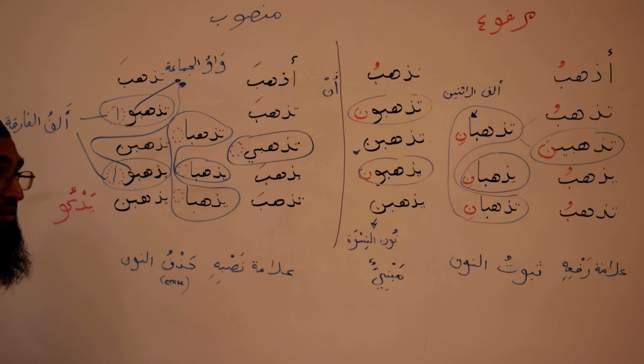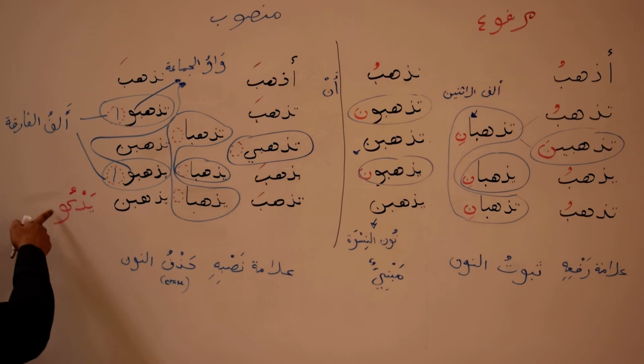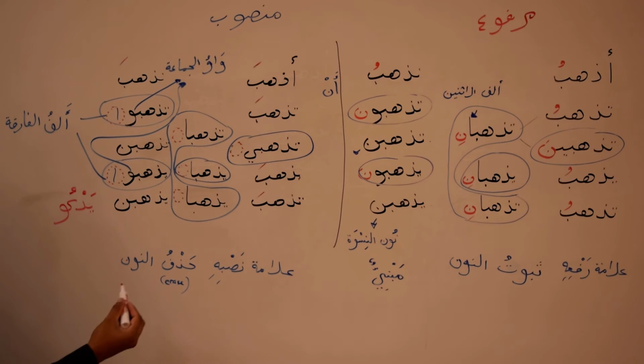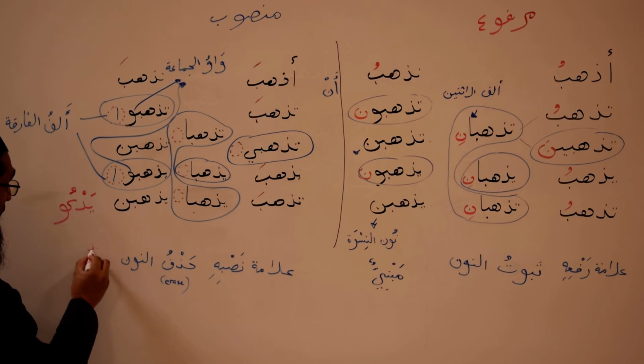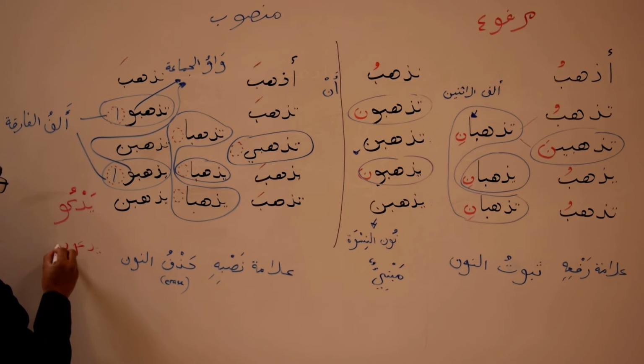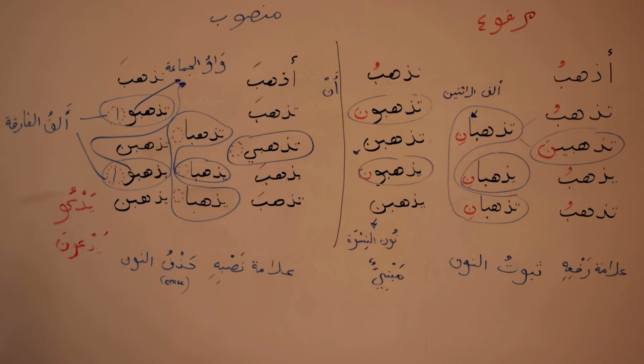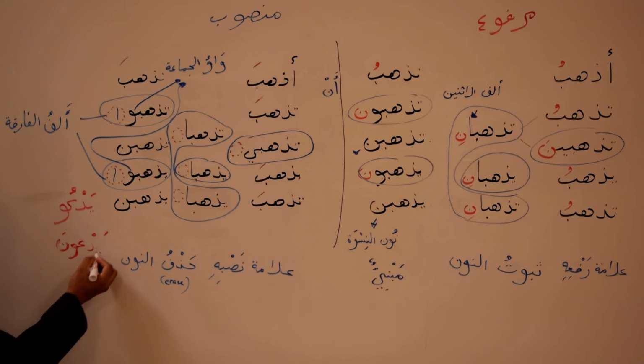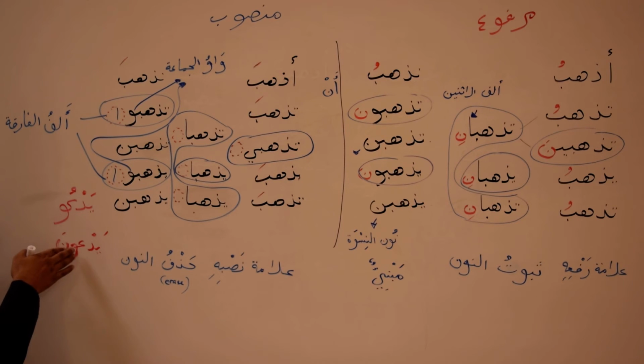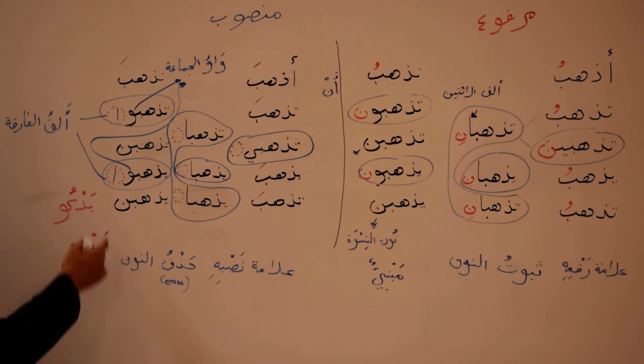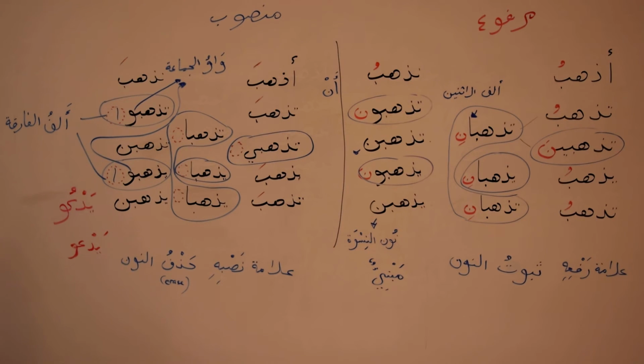He makes dua, right? If you see this verb yad'u, and this one right here, like hum yad'una, they are making dua. Yad'una. They look similar except for the waw, right? So what happens if the verb yad'una becomes mansub and you drop the noon? It looks identically the same.